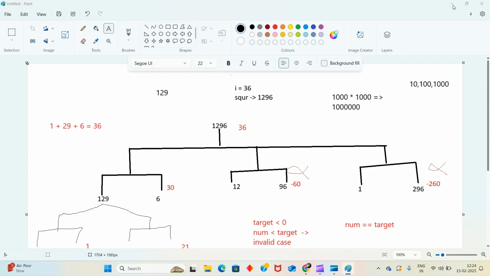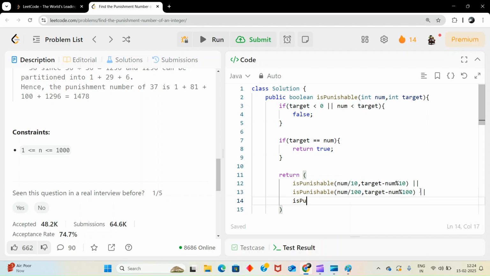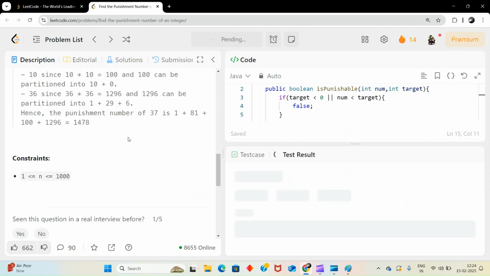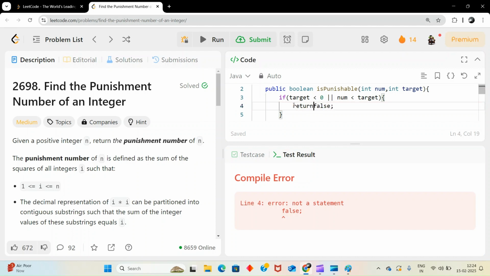Similarly for 1000, and as I discussed, we will be using only isPunishable num divided by 100, target minus num percent 100, or isPunishable num divided by 1000, target minus num percent 1000. So these are the three different cases. Here return false, right?